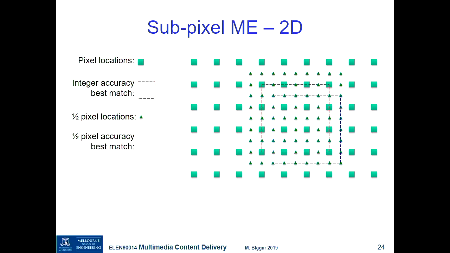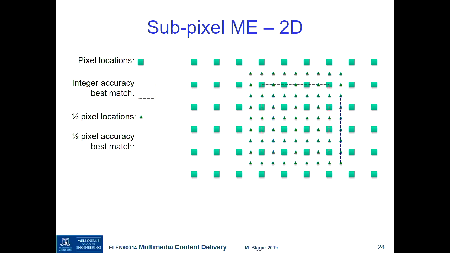Does this happen in the encoder? Yes, because getting back to an early point I made, the encoder and the decoder always have to make the same prediction, and the encoder includes the decoder inside. So the encoder has to do this interpolation to generate the half pixel locations and do the matching to see if it can get a better match. It might not.